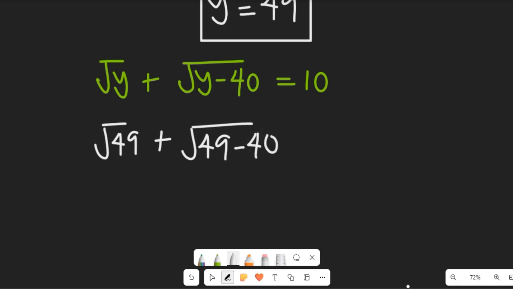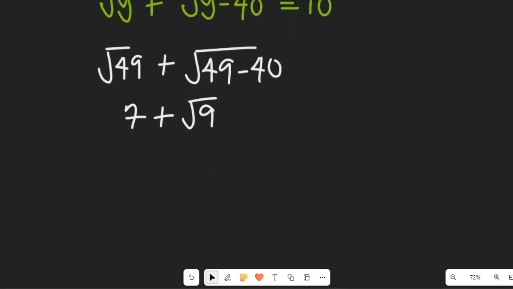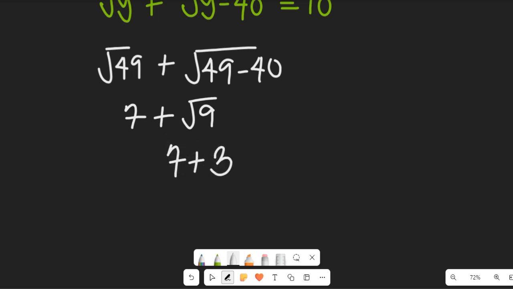The square root of 49 is 7, plus this is going to give us the square root of 9. So the square root of 9 is 3. So here we're going to have 7 plus 3, and that's equal to 10. So we see 10 here is equal to 10 over here.